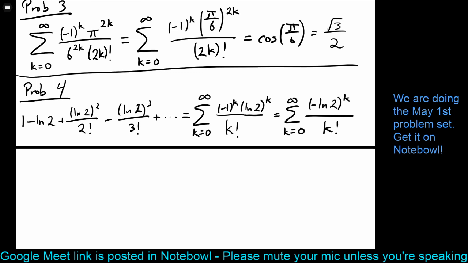Yep, exactly. This is just e to the negative ln of 2, which we can get an exact number for, because it's 1/2. And there we go. Again, we can get an exact answer for these series by trying to recognize them as kind of known Maclaurin series or Taylor series with something plugged in.